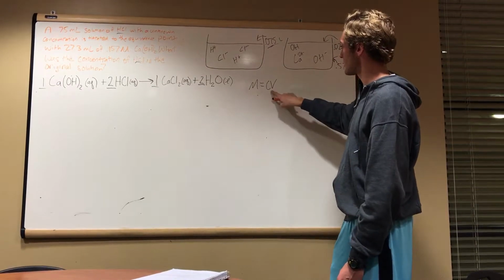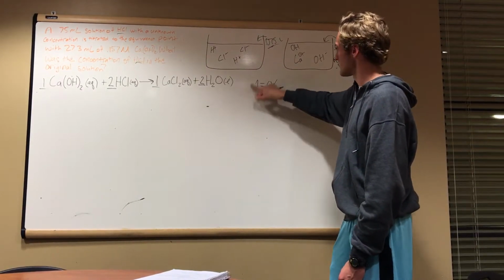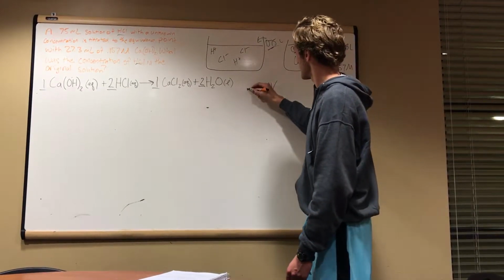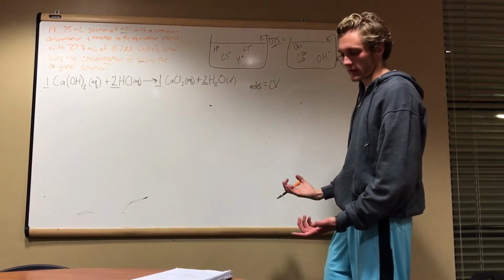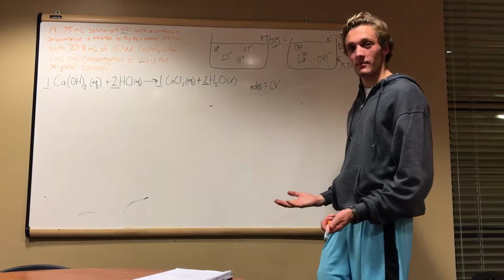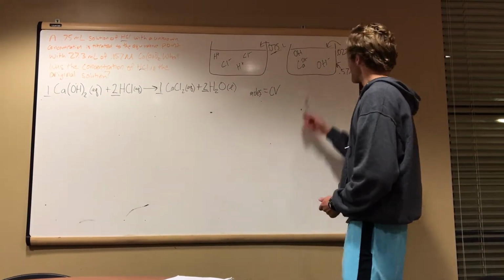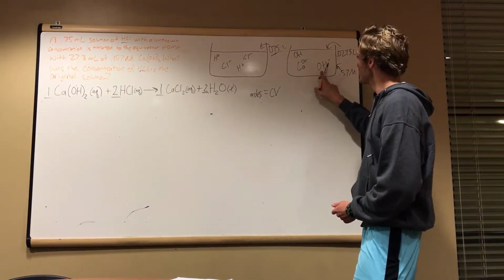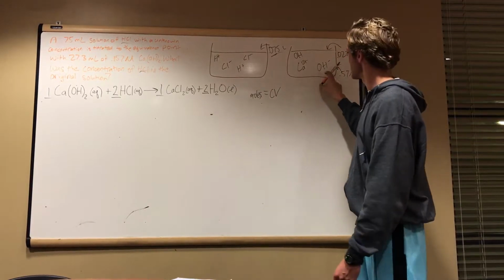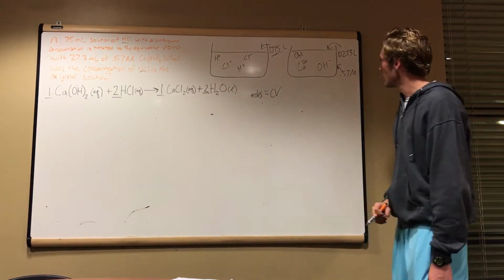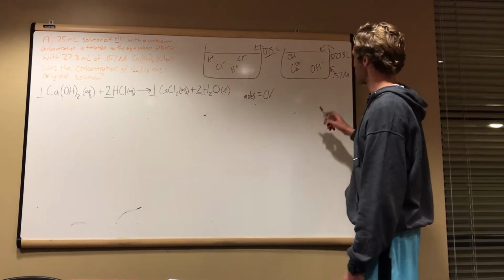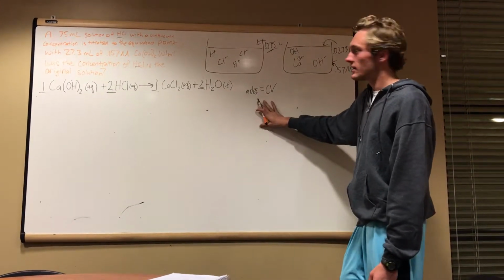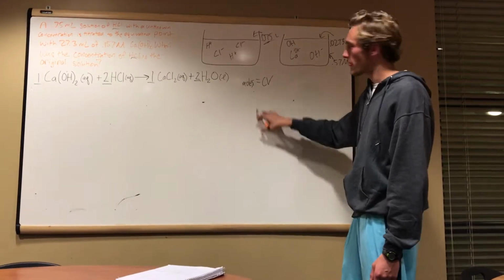And now, in order to find concentration, we still need moles. So now we got to figure out how to find moles. Well, how do you do that? I'm about to tell you. You're going to use this solution here in order to find the moles, and you're essentially going to use the exact same equation.